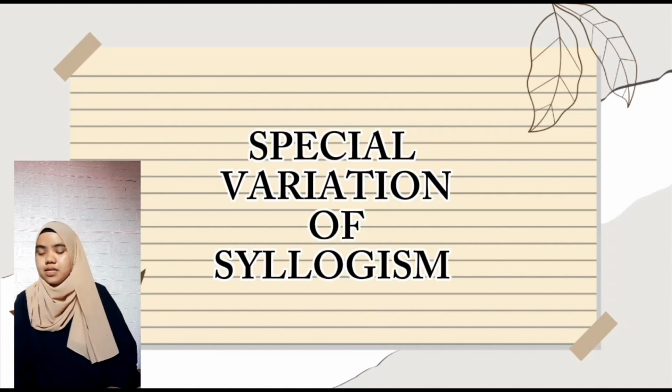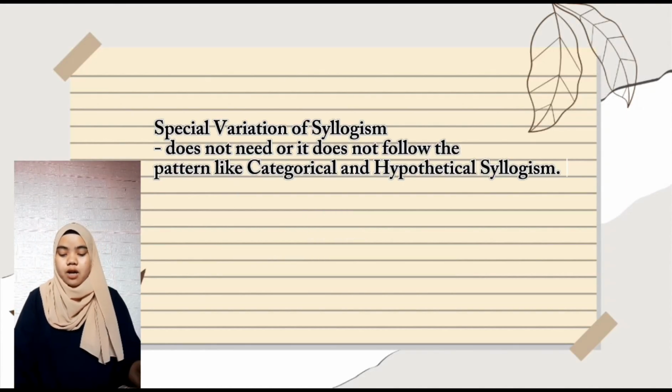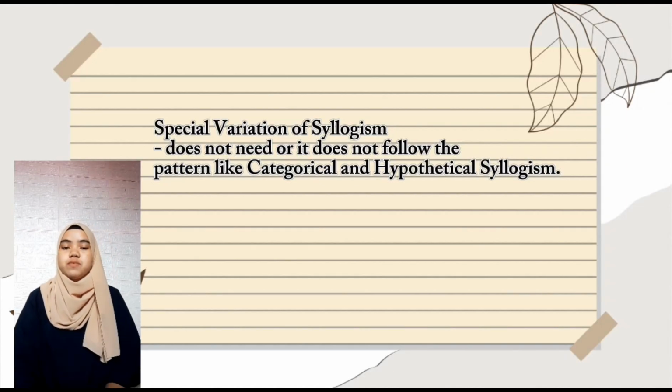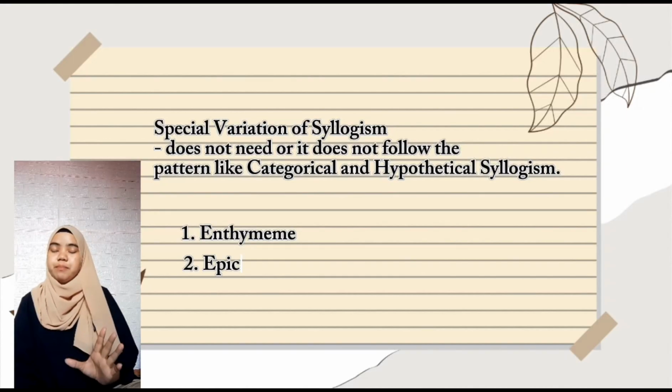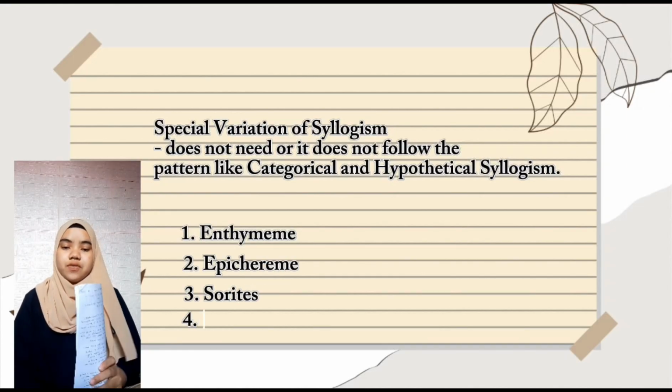In my report, special variation of syllogism does not follow the pattern of categorical and hypothetical syllogism. In special variation of syllogism, there are four parts. First is the enthymeme, second is the epicheirema, third is the sorites, and lastly is the dilemma.